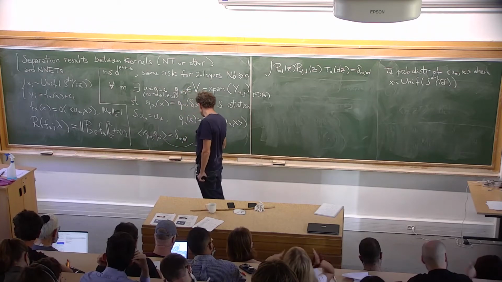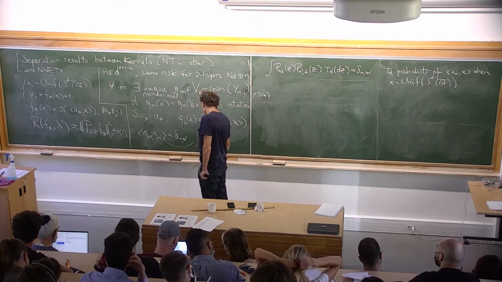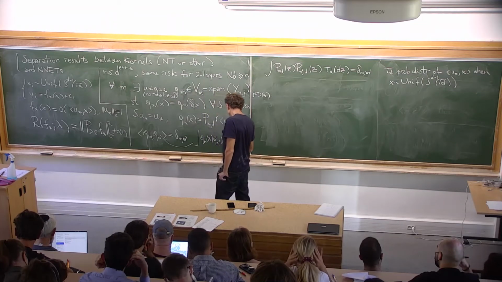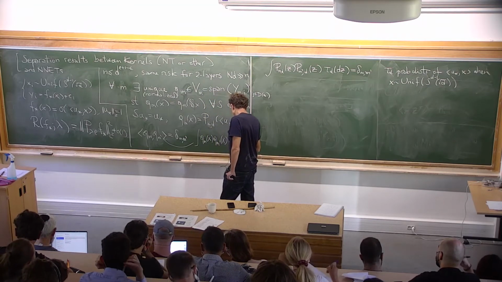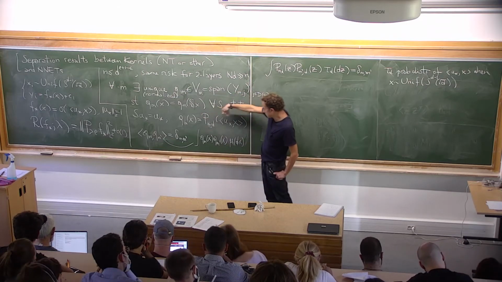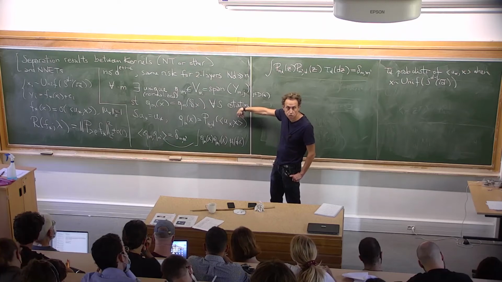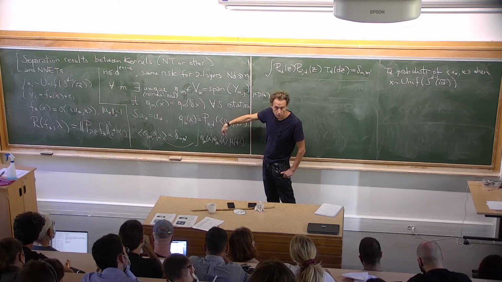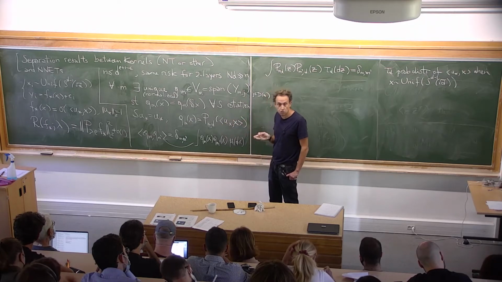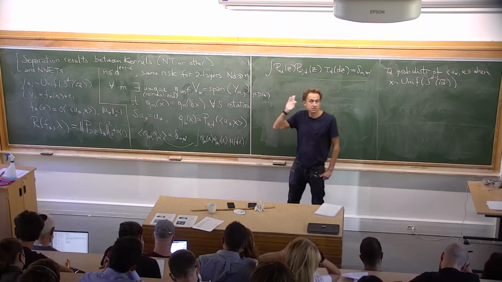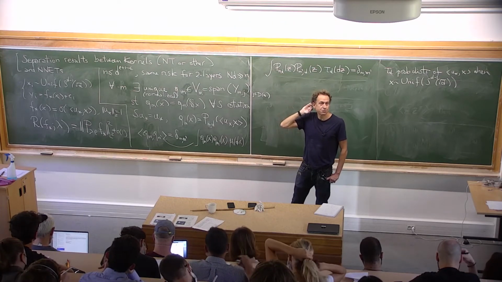This product is Q_L(x) Q_L'(x) mu(dx), where mu is the uniform measure over the sphere. When I substitute this, I can reduce it to a one-dimensional integral with respect to the measure of the one-dimensional projection. Does that make sense to everybody?